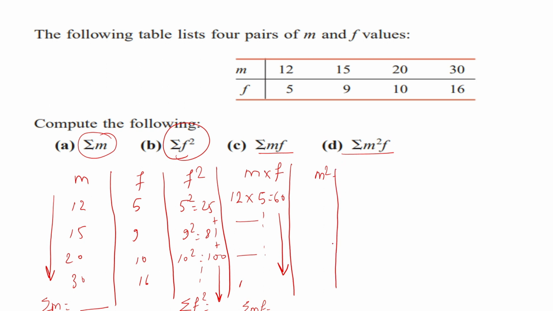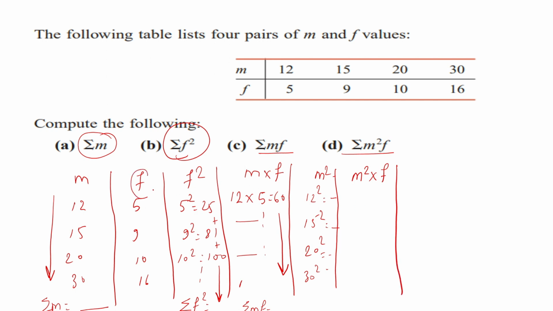We calculate m square as 12 square, 15 square, then 20 square and 30 square, and then we get some values here. After that we multiply m square with f and we get another value.